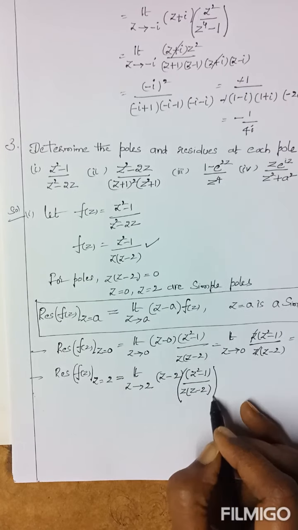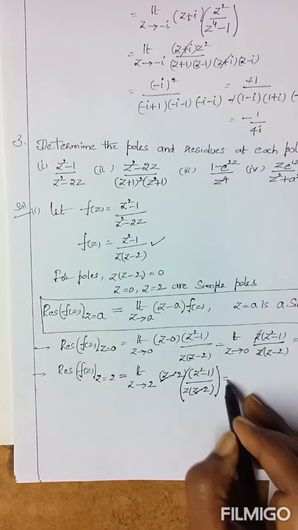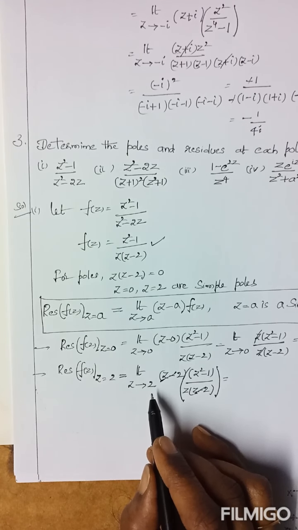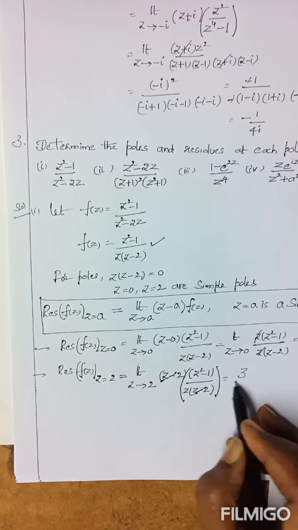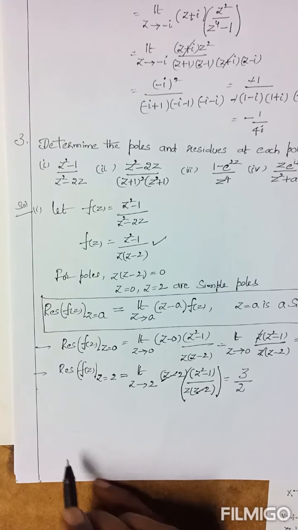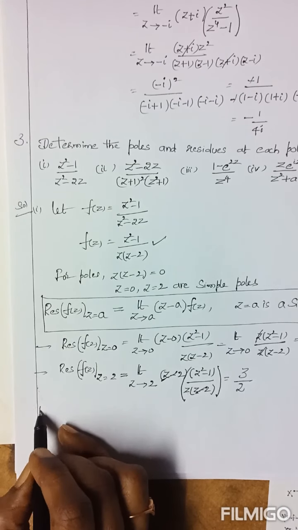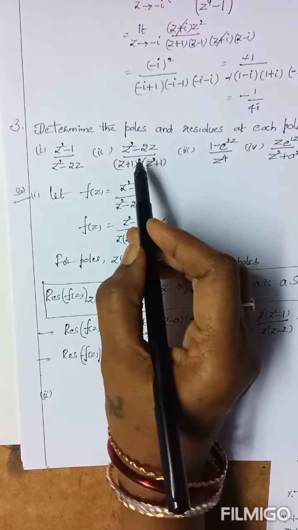Now these two get cancelled. Now you can substitute z equals 2. 2 square is 4, 4 minus 1 is 3, over z equal to 2. 3 by 2 is the residue. That's it.